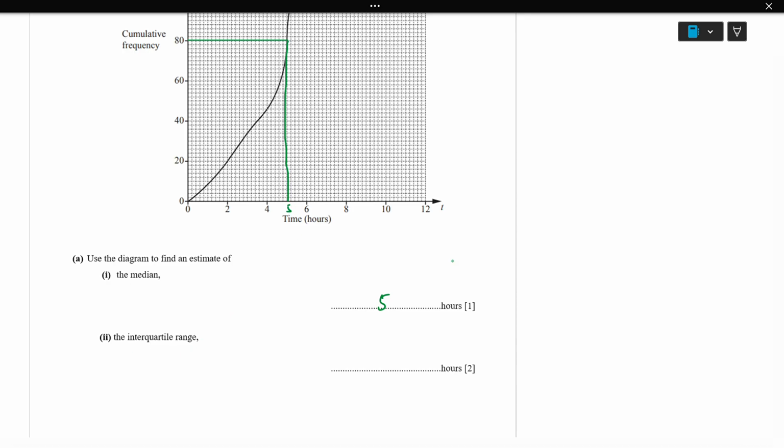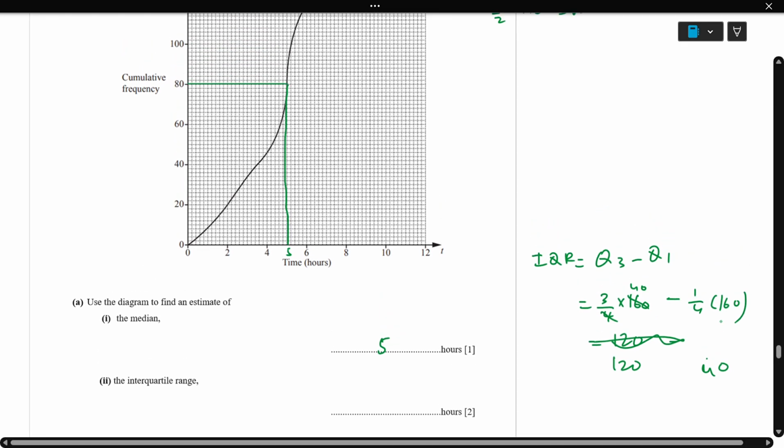Next, the interquartile range. Interquartile range equal to quartile 3 minus quartile 1. Quartile 3 is 3/4 of total 160 minus 1/4 of 160. This is 40, so this is 120 minus 40. We cannot calculate here, so I'll write 120, and here is 40.